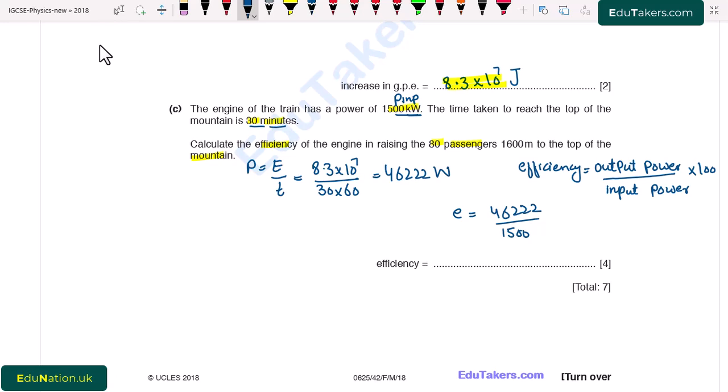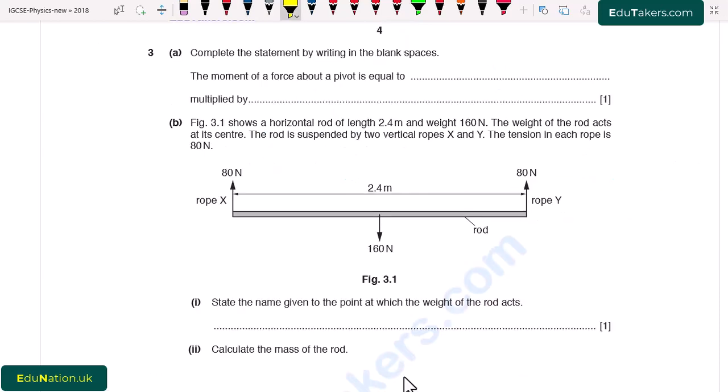We have to convert this into watt. So I just multiply it with 1000 and multiply it with 100, so that the efficiency comes to be 3.1%. I write here efficiency is equal to 3.1%.